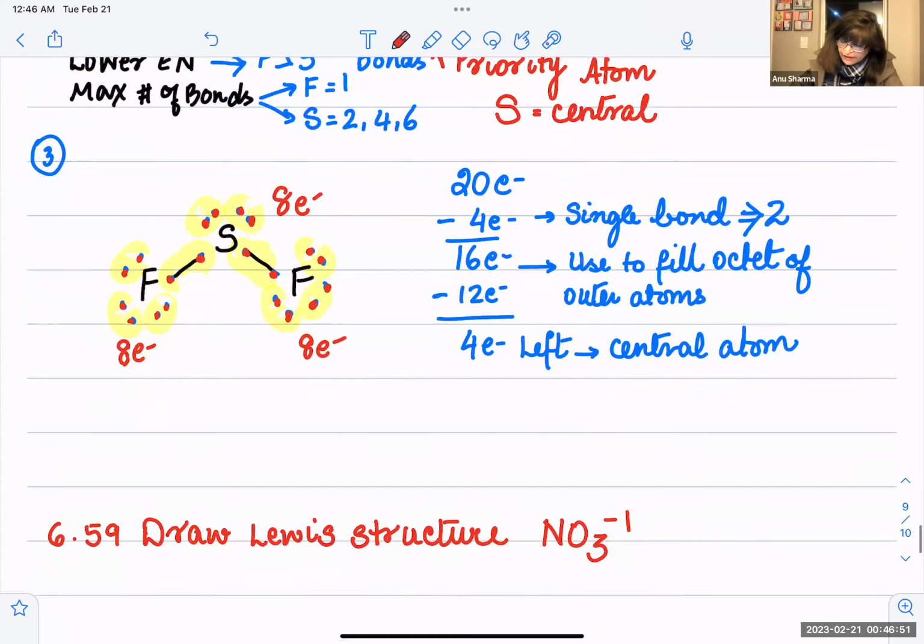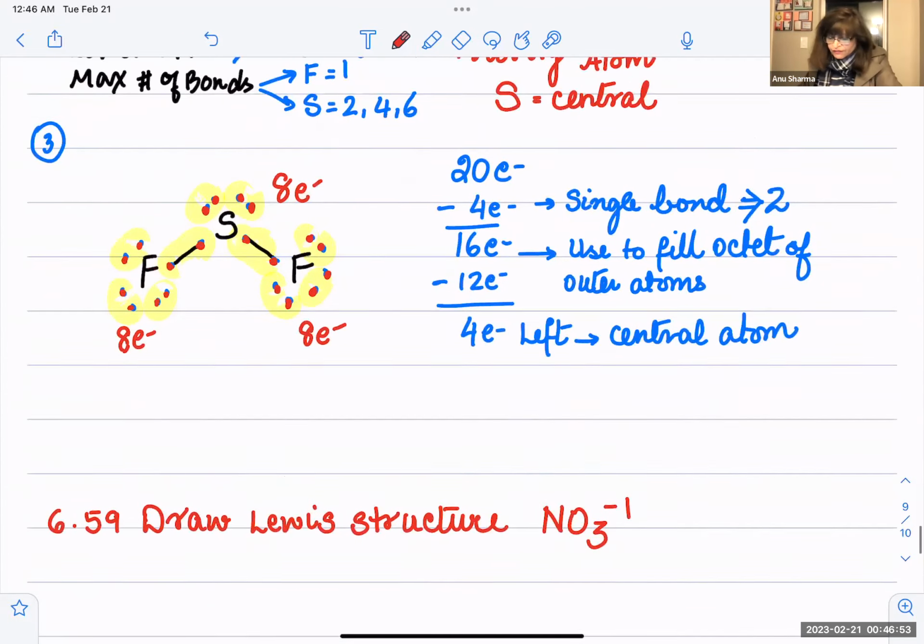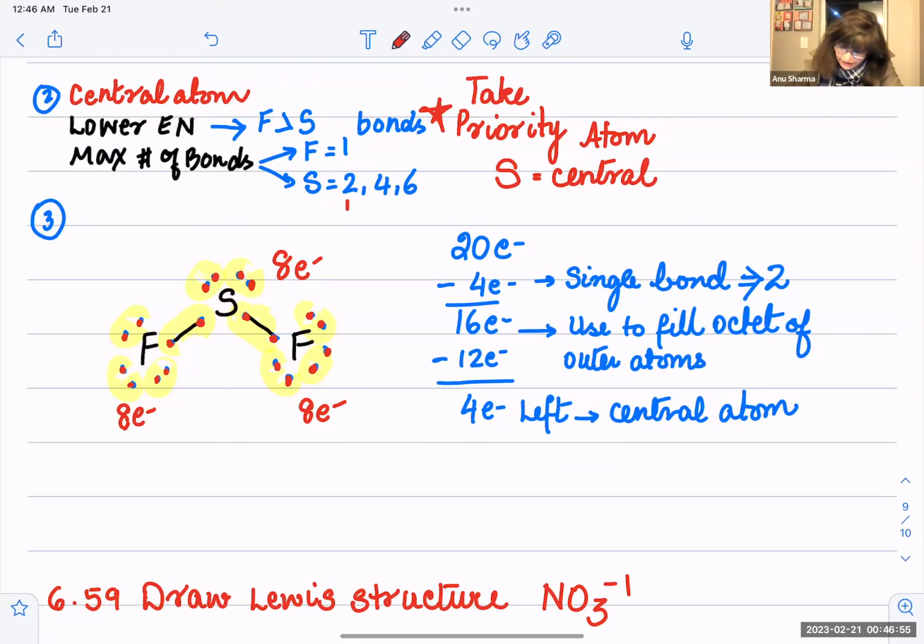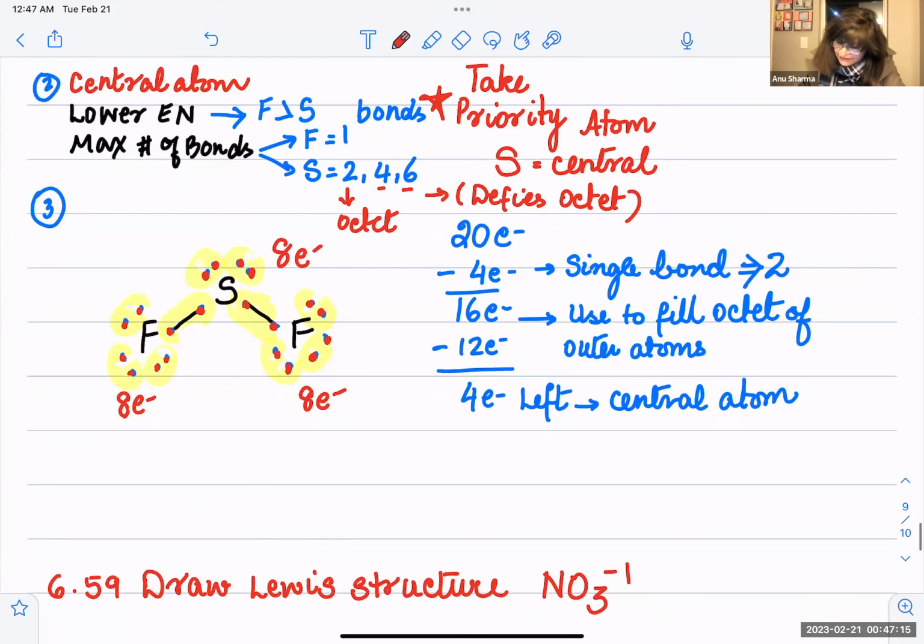So it's flexible. When sulfur is making 2 bonds, it's following the octet, which is fine, although it's combining with fluorine, which is more electronegative. But if sulfur forms 4 or 6 bonds, in those cases it defies the octet. All right, so that's the shape of this molecule.